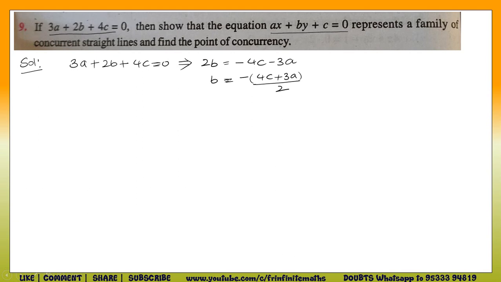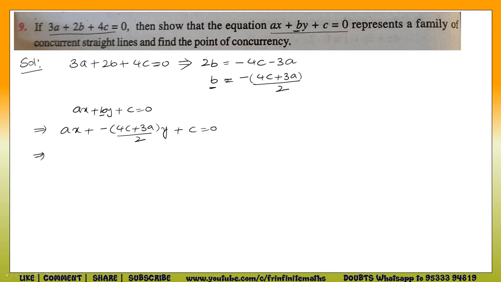Now substituting the value of b in this particular line equation. What is the given line equation? ax plus by plus c is equal to 0. Substituting this value of b, I can write this as a times x plus, instead of b, minus of 4c plus 3a whole divided by 2 times y plus c is equal to 0.